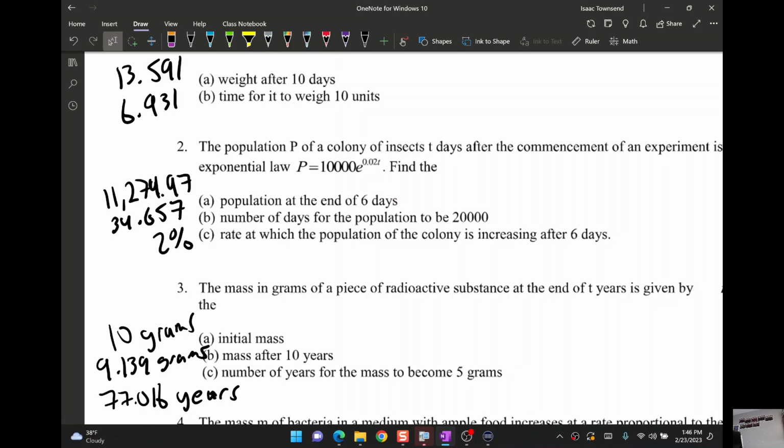Yep. If you plug in negative 0.009 times 0, that's just 0. No, I need e to the power of 0, which is 1. Okay, I see what you're saying. Well, to me, I just saw 10, so maybe that was the answer. Okay, got it.